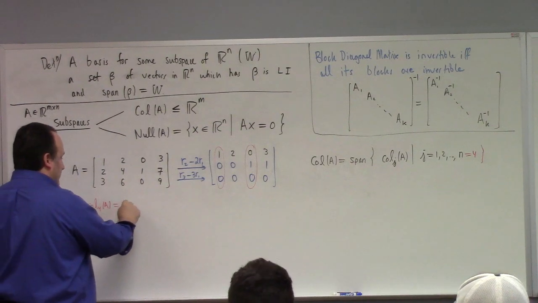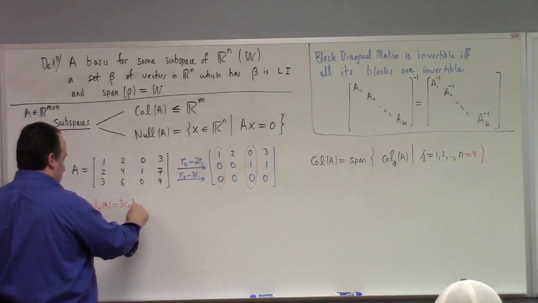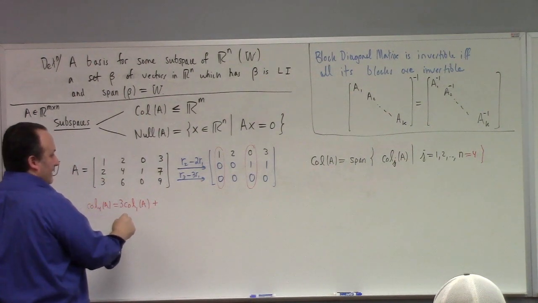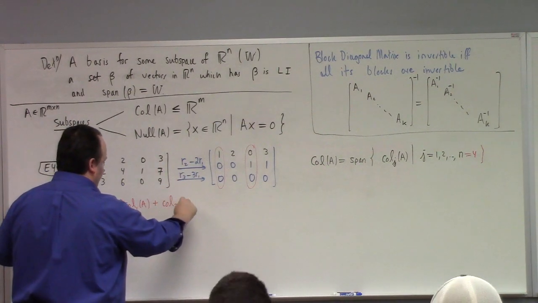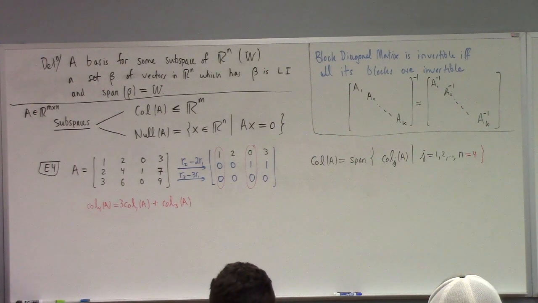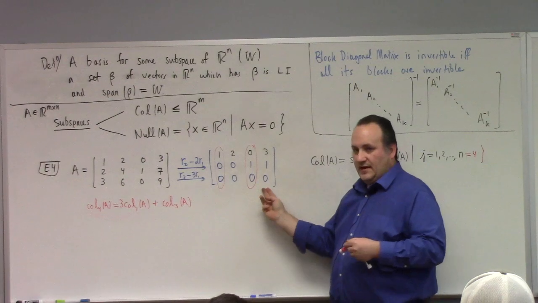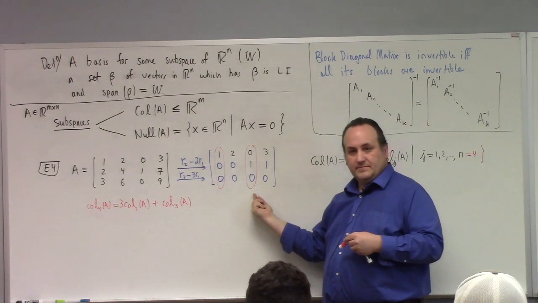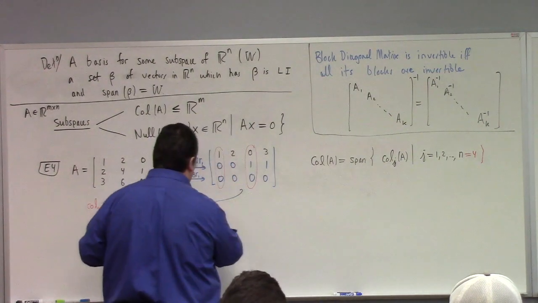Column 4 of A is equal to 3 times column 1 of A plus 1 copy of column 3. Do you guys see that? I'm seeing that from looking at the 4th column here: 3 times the first pivot column plus 1 times the second pivot column. The column correspondence property tells me this.